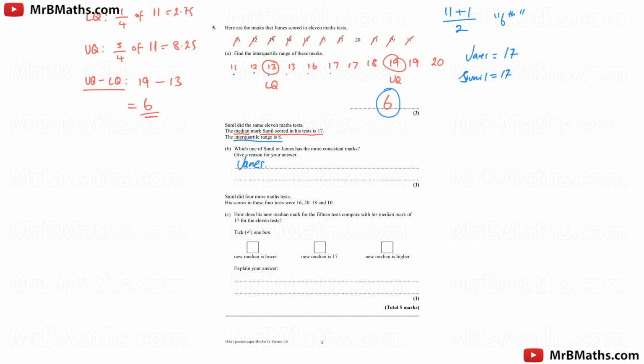So his results are more within a smaller range. So James's results are within a smaller range, lower spread of results.